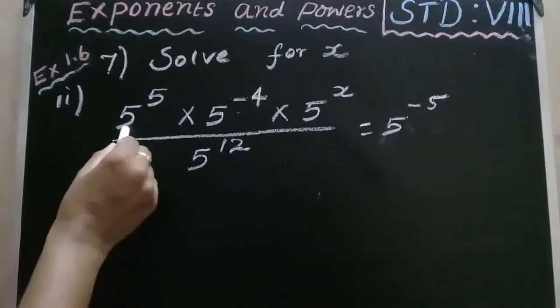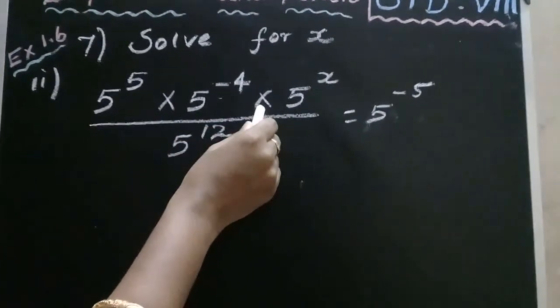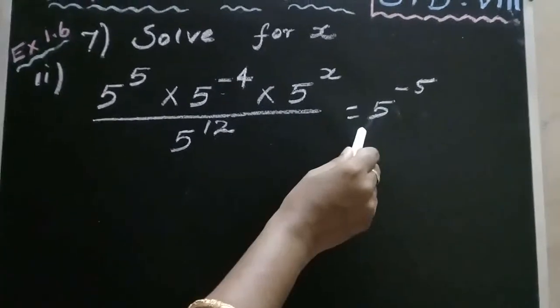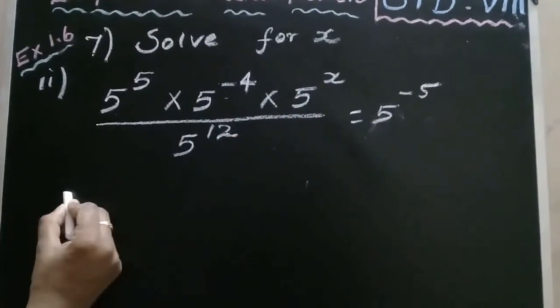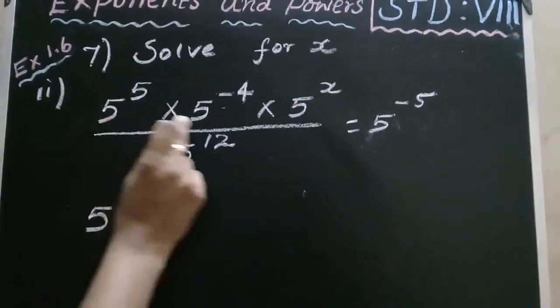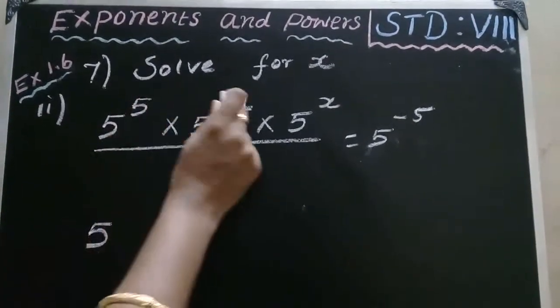Second question. 5 power 5 into 5 power minus 4 into 5 power x divided by 5 power 12 equal to 5 power minus 5. Here all the base value is 5. So a power m into a power n equal to a power m plus n. So we should add the powers here.